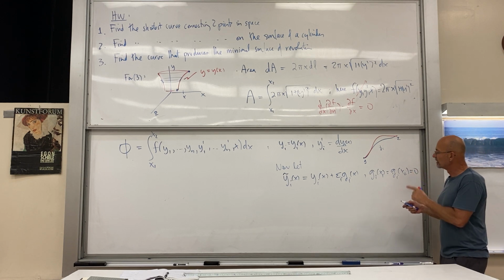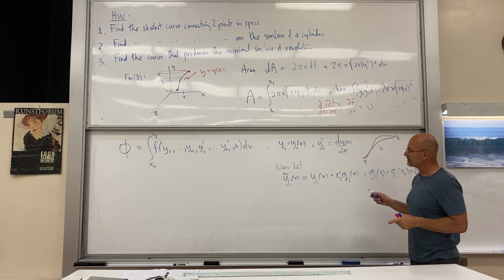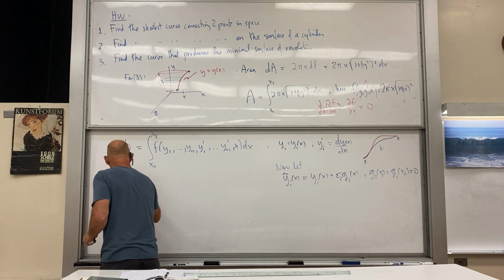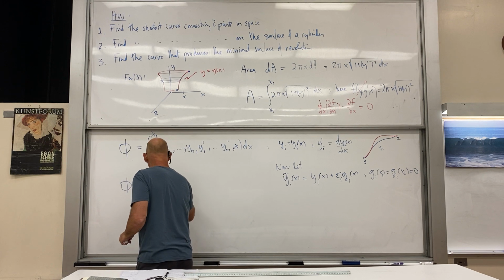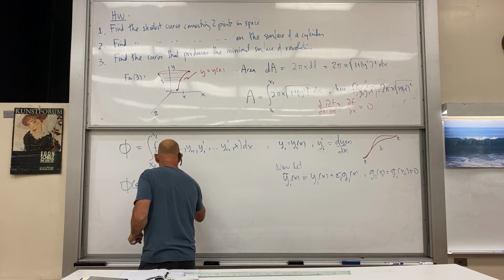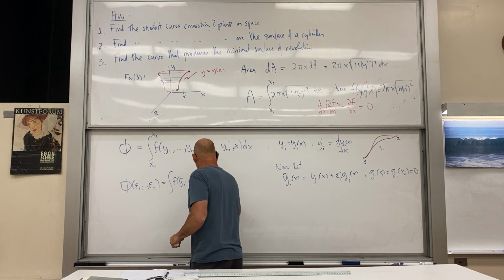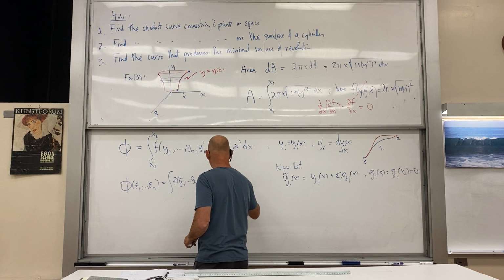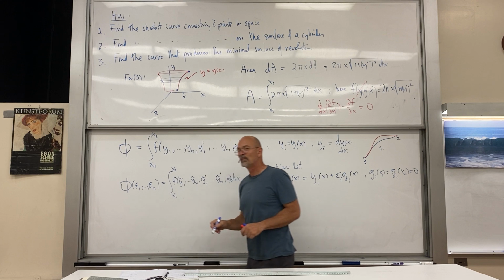So what I've done now, I've done to every variable what I did to just one last time, but by construction, I now have a phi of epsilon 1 to epsilon n, the integral of f of y sub 1 tilde to y sub n tilde, y sub 1 tilde prime to y sub n tilde prime, x dx, from x1 to x2.